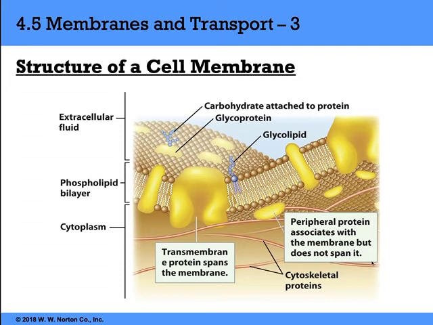And the purpose of the peripheral proteins is usually to set off a series of chemical reactions that lets the cell respond to the changes in the environment outside, or to serve as ways to anchor a component of the cell called the cytoskeleton to the membrane, and then in the case of tissues to neighboring cells. So that's what's called a fluid mosaic model. It's not just one thing, it's several things. So let's take a look at some different aspects of the cell membrane and membrane transport.